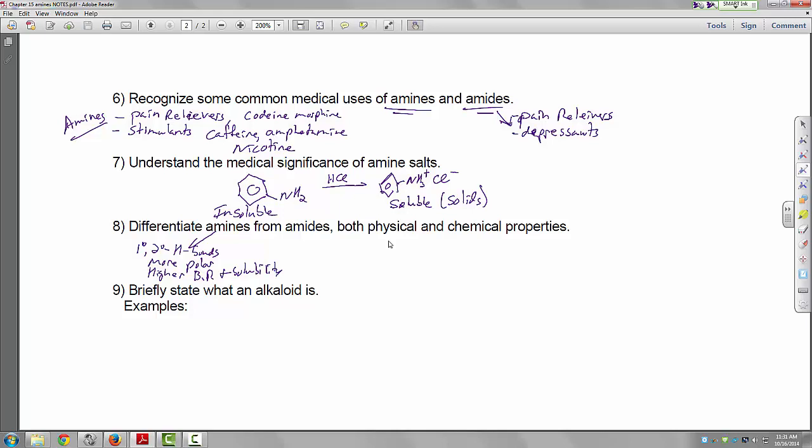Depending upon, and actually they also classified amines as primary, secondary, tertiary. This would be a primary amide because it has only 1 nitrogen carbon bond. This is an amine structure amide.